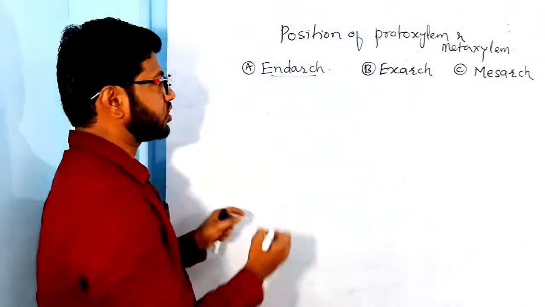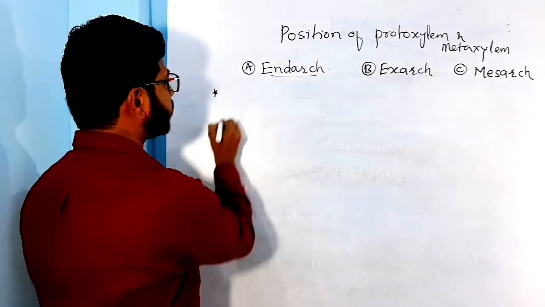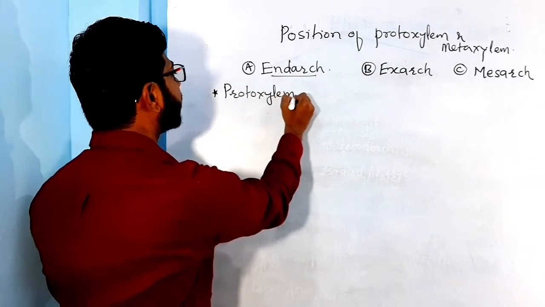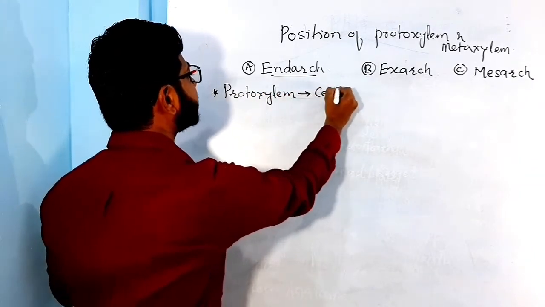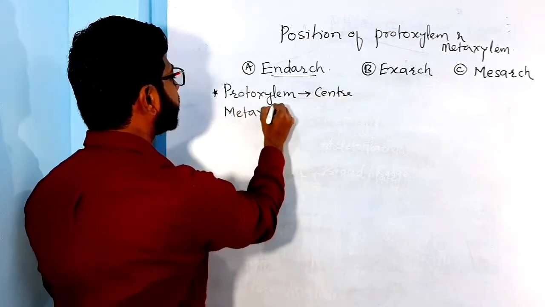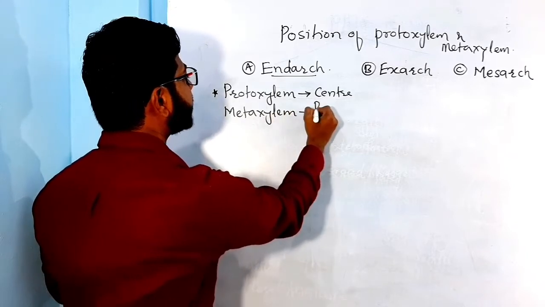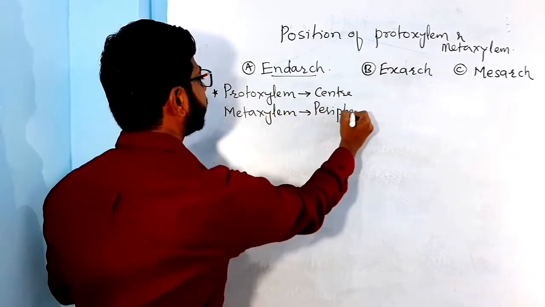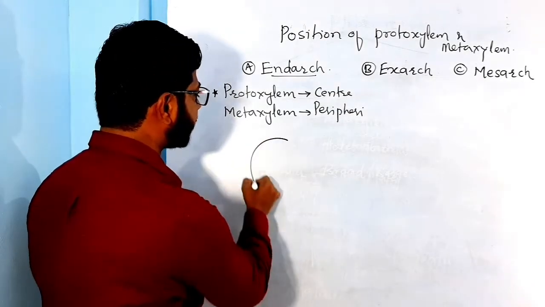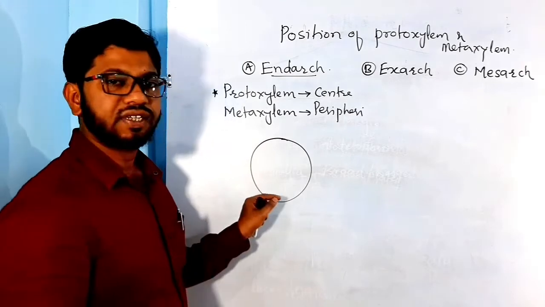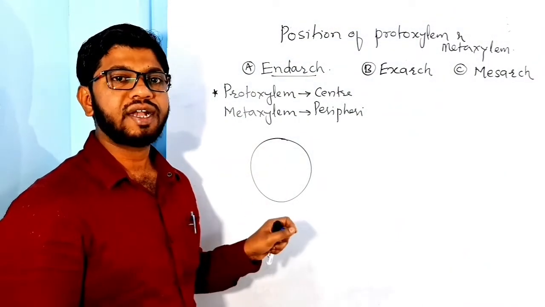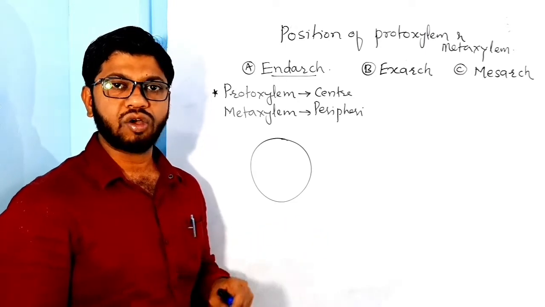So now we are discussing endarch. In this endarch type of vascular bundle, protoxylem is facing towards the center and metaxylem is facing towards the periphery. And this structurally can be represented as, let us consider this is a transverse section of the stem, either monocot stem or dicot stem.